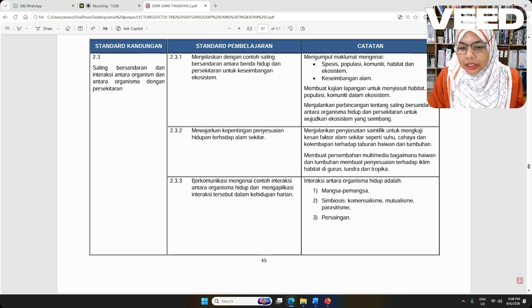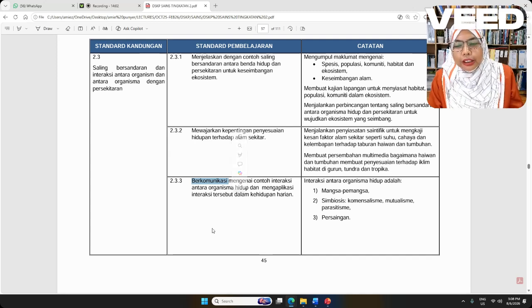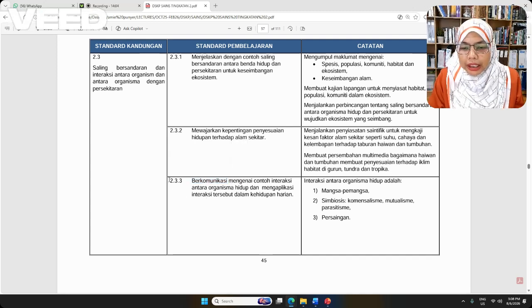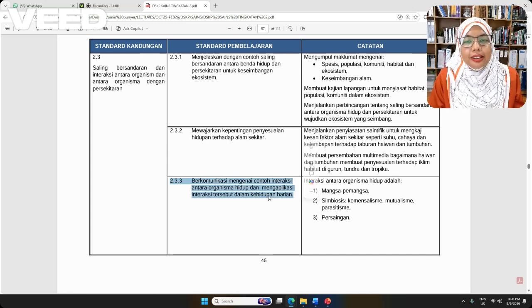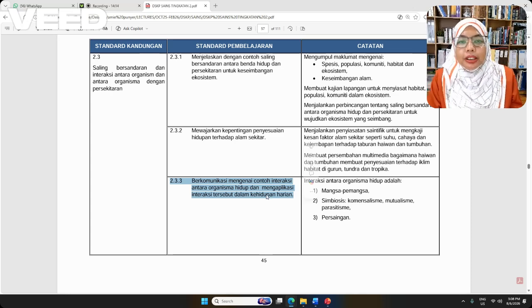The best task for this would be presentation-based assessment. So because of that, these particular learning standards should not be selected for test and exam. Kalau select juga, it is not appropriate and I will deduct marks from your assignment.